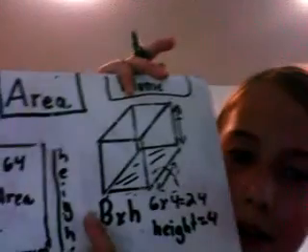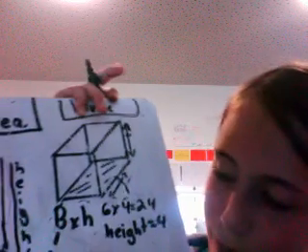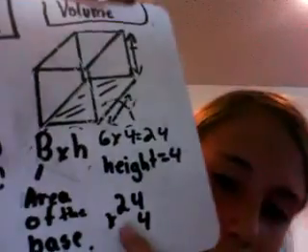Now, like here it says B, the big B means the area of the base, and times height. So now we have to do 24 times 4. And we can do multiplication. 24 times 4. I wrote it up here. 4 times 4 is 16.